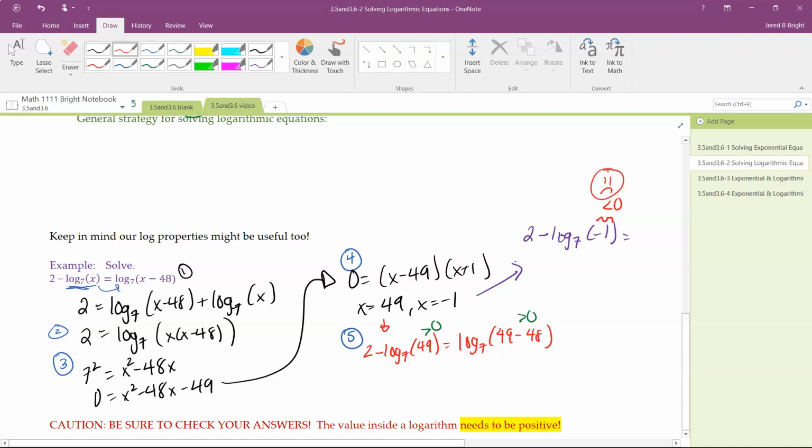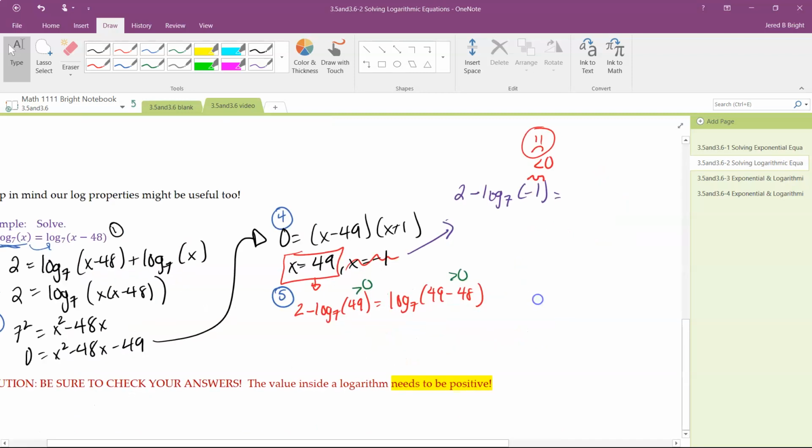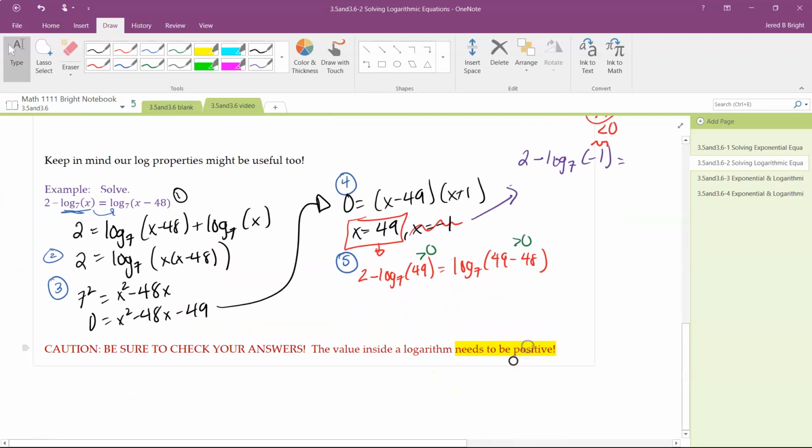So this means that negative 1 is an extraneous solution, so I would omit it, and I would only report x is equal to 49 as my final answer. So you can get two answers. You might get one, you might get none, you might get both of them. You need to check all of them. At the end of the day, you need to check that the values you get produce positive values inside the logarithm once you evaluate them.